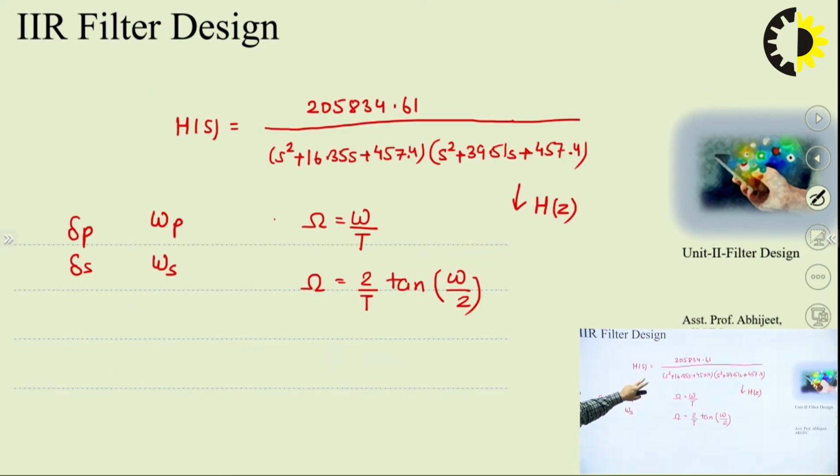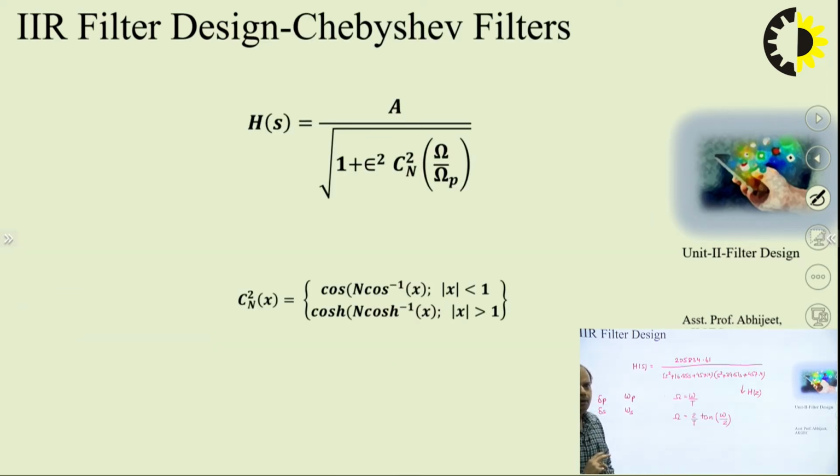So H(s), the analog filter's frequency response, will be omega c raised to the power 4, over the first quadratic and second quadratic, corresponding to b1 and b2. Now I can always convert this back into the digital domain, either using impulse invariant transformation or bilinear transformation. So that can be used for IIR filter designing using the Butterworth filter.